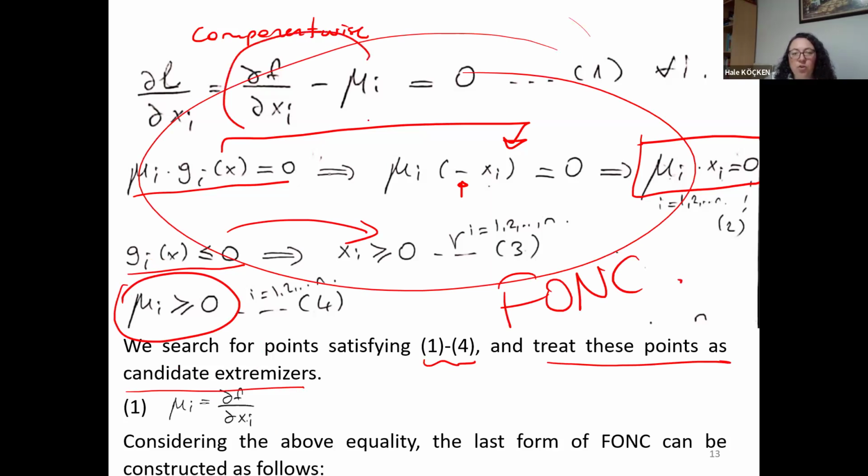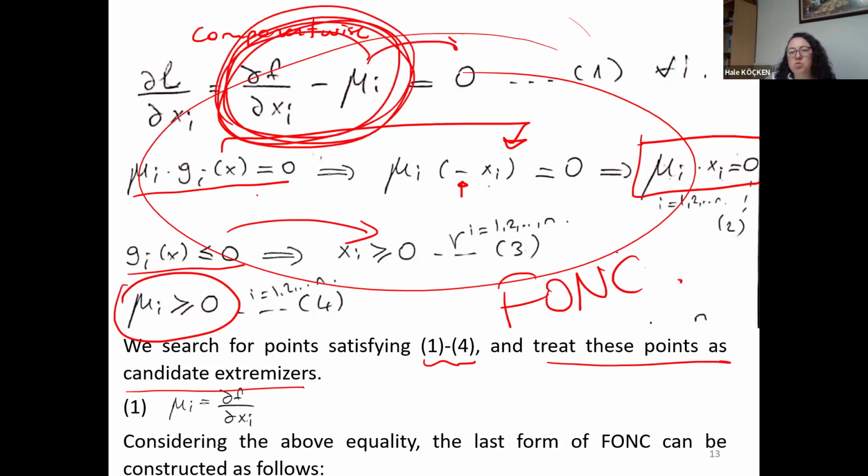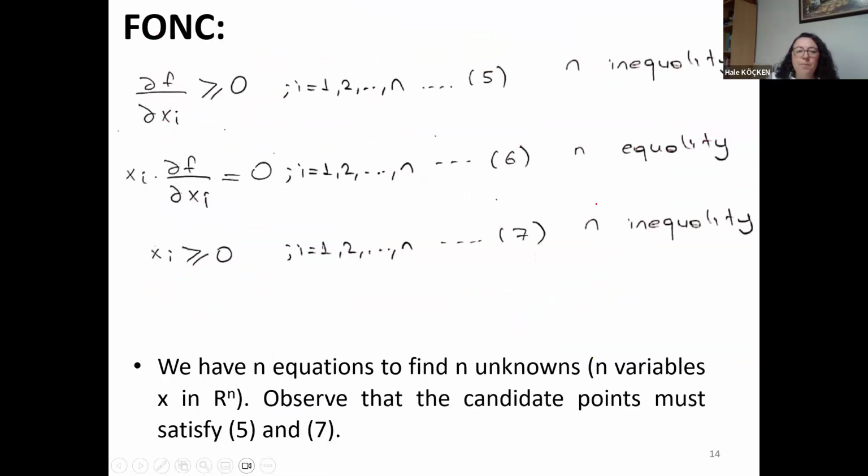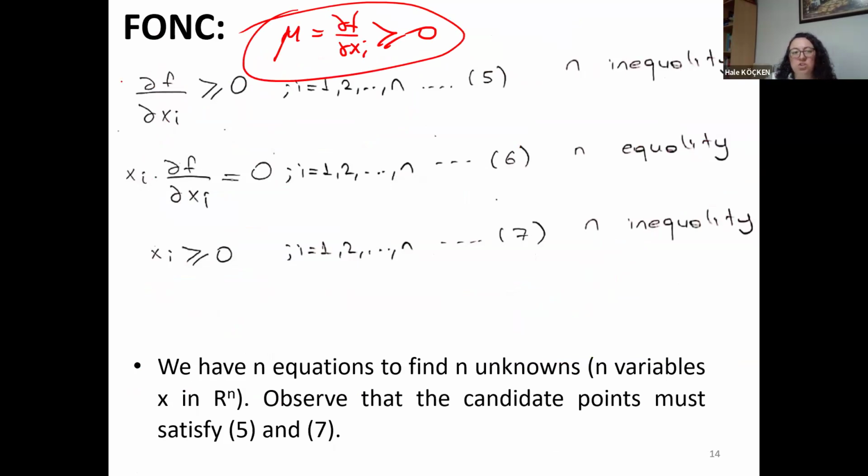Observe that from the first equation, transposing mu i to the right, you get mu i equal to df over dxi. Since mu is greater than or equal to 0, the classical first order necessary condition becomes df over dxi greater than or equal to 0.